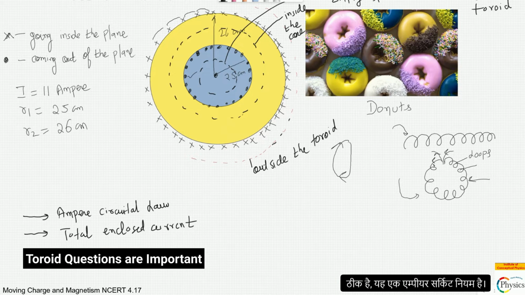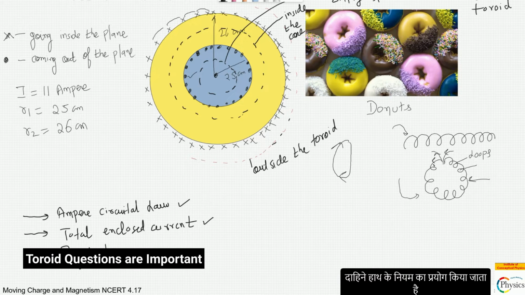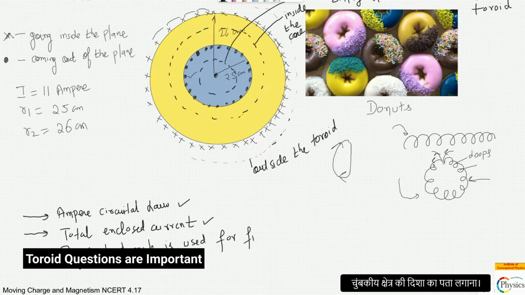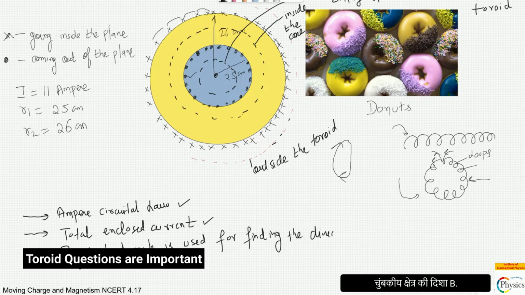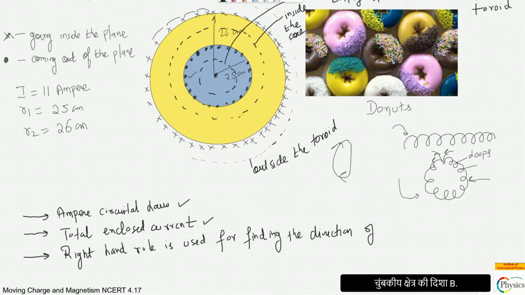It is available. Then the right hand rule is used for finding the direction of the magnetic field, direction of B.